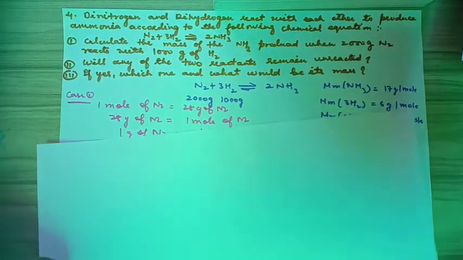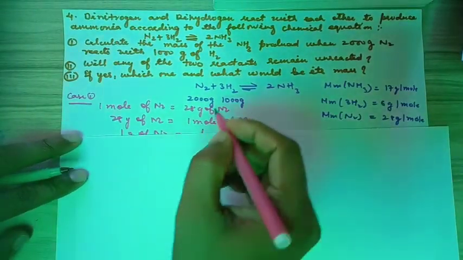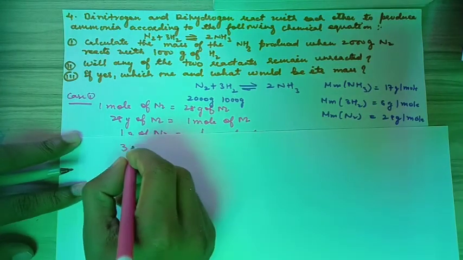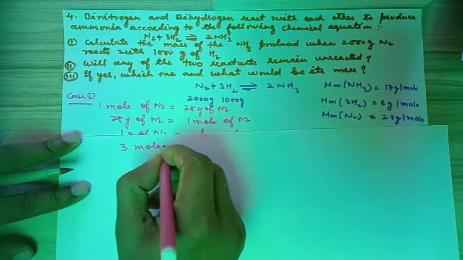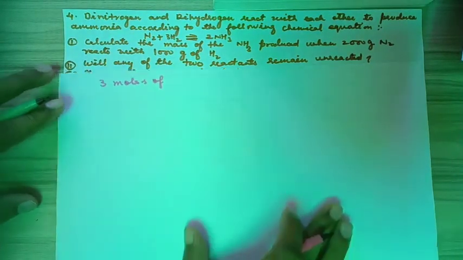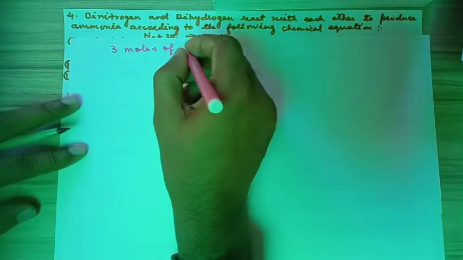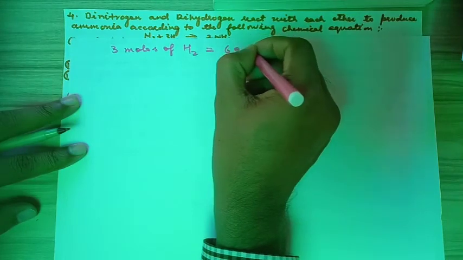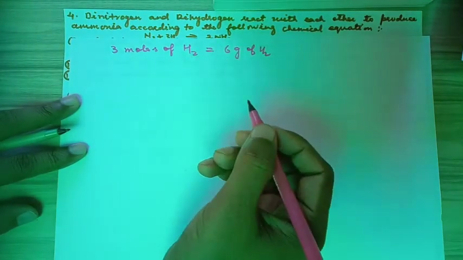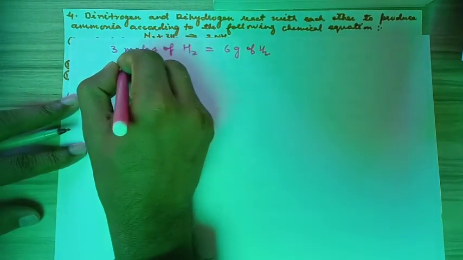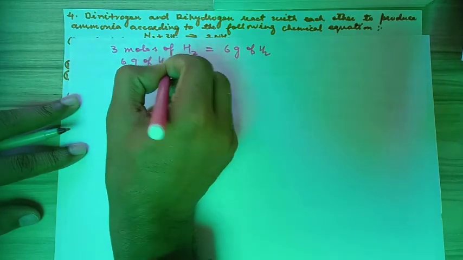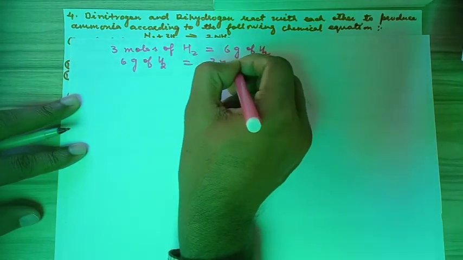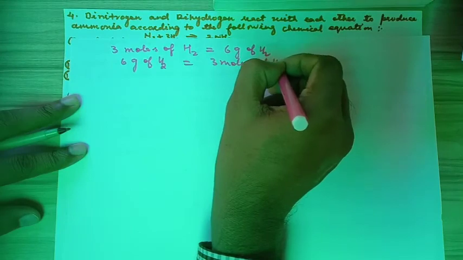Now we'll be obtaining the second part of this, that is the amount of hydrogen. So we can say that 3 moles of hydrogen will give us 6 gram of hydrogen, or we can say that 6 gram of hydrogen will provide us 3 moles of hydrogen.